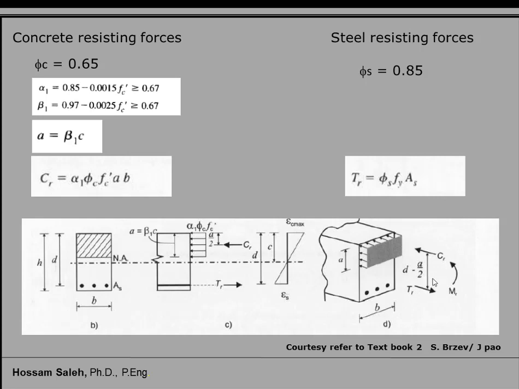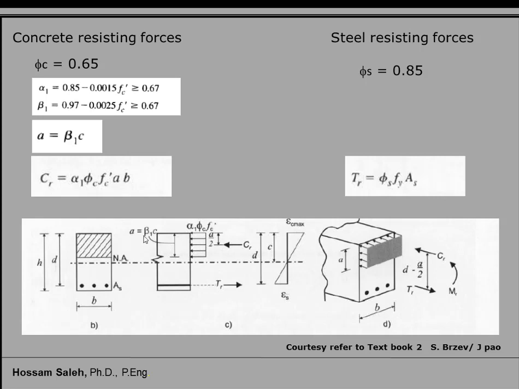So to make it easy, we use one of these forces times its distance, and we can calculate the resisting moment. So the moment in this case will be TR times D, the depth here, minus A half, because the center of the compressive force will be at half of the distance of the stress block, which is A.